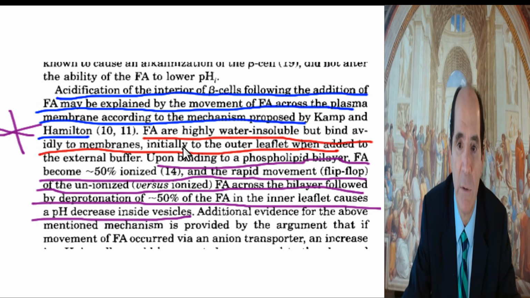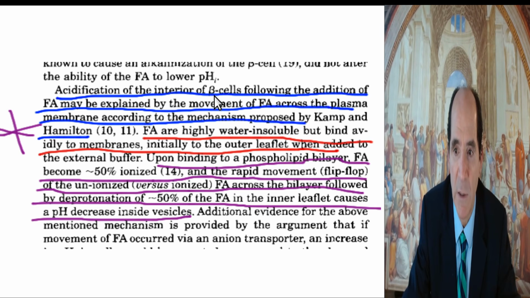All right, here's another detail from the paper. Acidification of the interior of the beta cells of the pancreas, for example, following the addition of fatty acid, may be explained by the fatty acid movement across the plasma membrane, according to the mechanism proposed by Kamp and Hamilton. Fatty acids are highly water insoluble, but they do bind avidly to membranes like plasma membranes, initially to the outer leaflet.